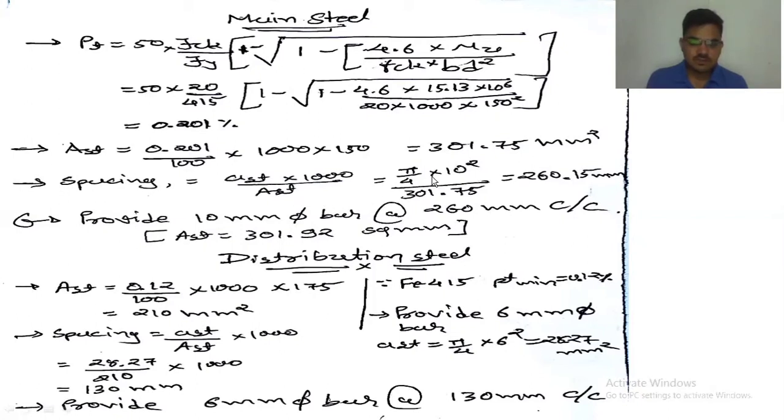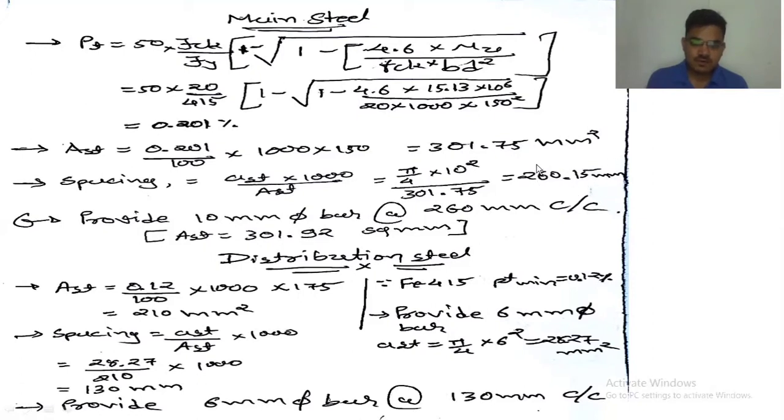Spacing is small ast into 1000 per Ast required. Small ast is the cross section area of steel of one bar. For a 10 mm bar, it is pi by 4 into 10 square into 1000 upon 301.75. So spacing is 260.50 mm.